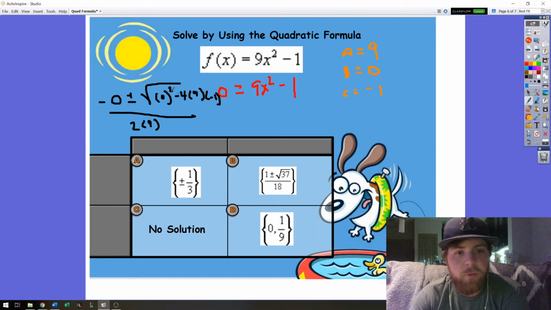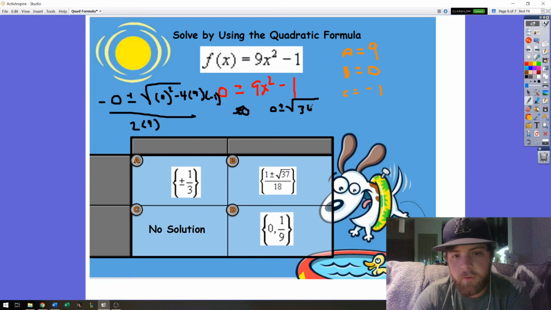Okay, so negative 4 times 9 is negative 36, times negative 1 is positive 36. So we've got negative 0, which is just 0, that goes away. Plus or minus the square root of 36 divided by 2 times 9, which is 18.